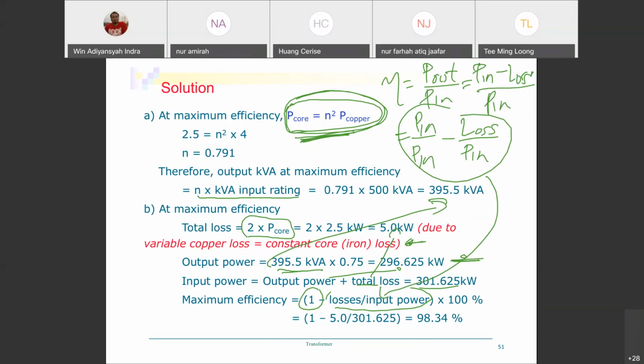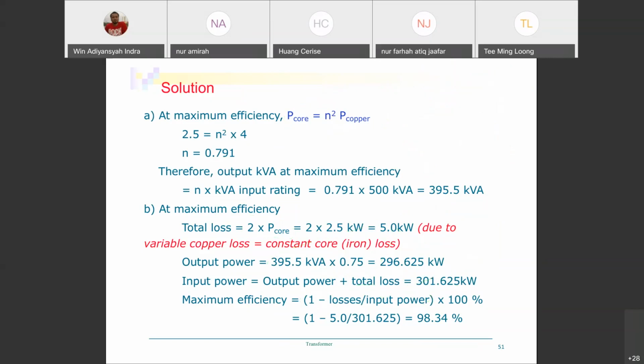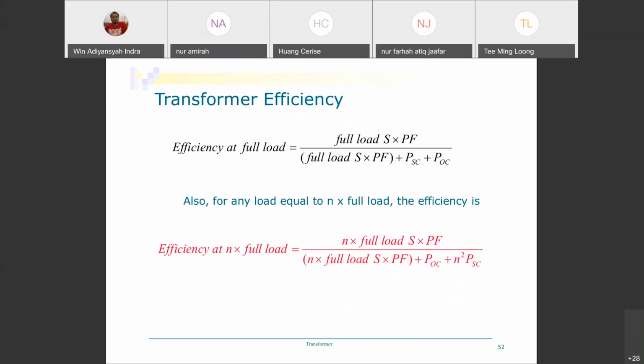Okay, I think the last one. Okay, let's see the last example. This is another formula for efficiency in case they didn't give you the voltage or the current, right?